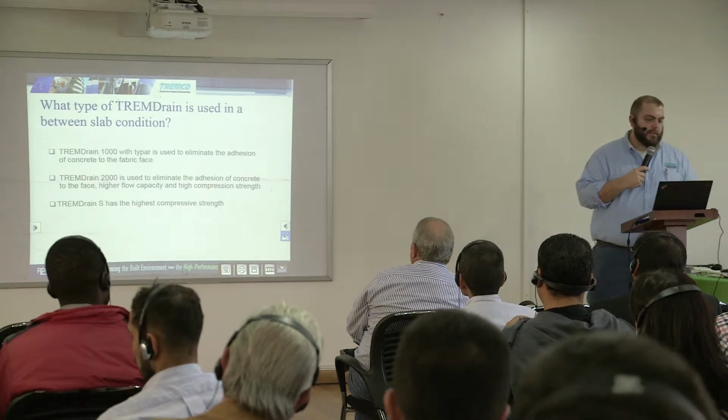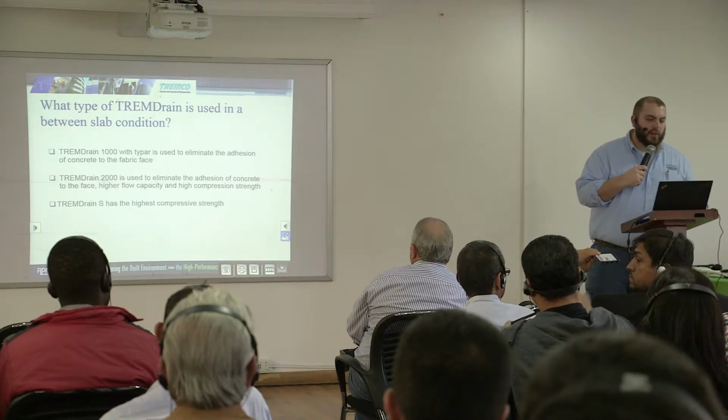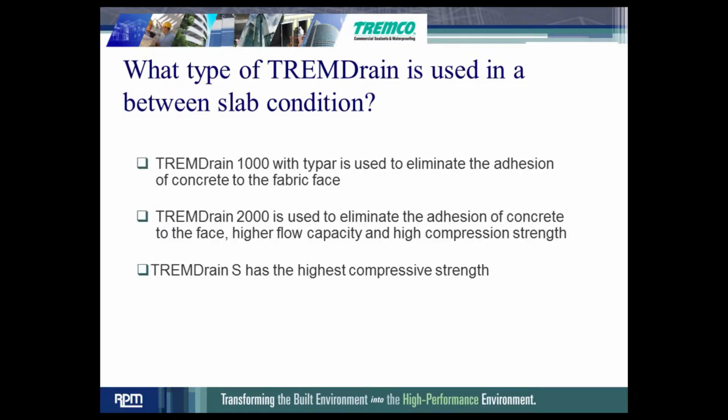What type of TREMDrain is used in a between-slab condition? TREMDrain 1000 with Typar, which is the geotextile fabric, is used to eliminate the adhesion of concrete to the drainage membrane itself. TREMDrain 2000 is also used to eliminate the adhesion of concrete to the facer. It is similar to the geotextile fabric.